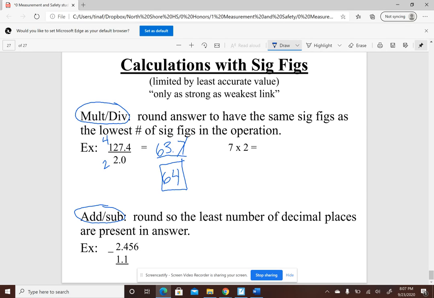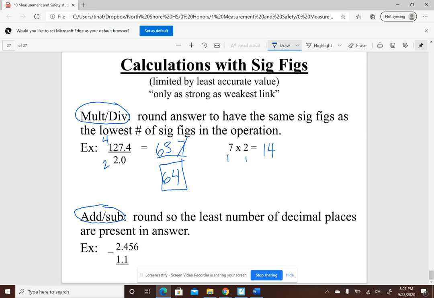Okay. Now with multiplying, it works the same way. If I do 7 times 2, I get 14, right? But if I look at what I'm given, 7 has 1 sig fig in it, and 2 has 1 sig fig in it. So how can I round 14 so that it only has 1 sig fig in it?